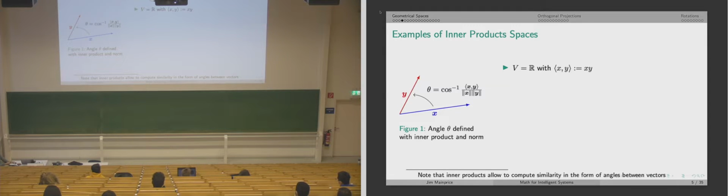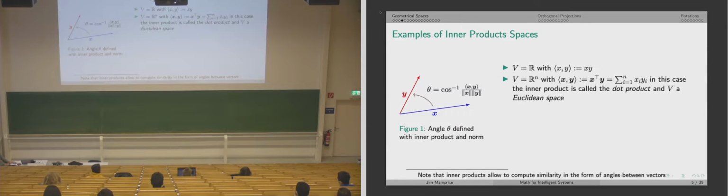This is a notion of inner product. So you take two vectors, here vectors are scalars, and you multiply them together, and that's a valid inner product for R. For Rn, what we typically use as inner product is the dot product.